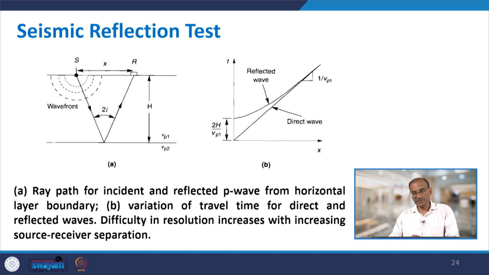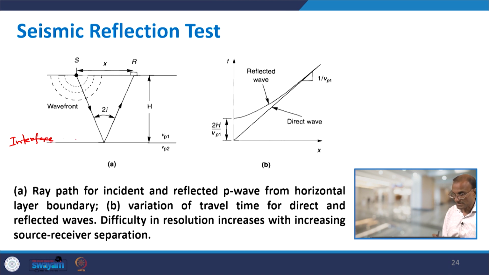I can explain using this slide. Here, for simplicity, we assume there is one layer and an interface between the two layers. So, this is the interface between two layers. Now, the thickness of the layer, H, is unknown, this needs to be determined.